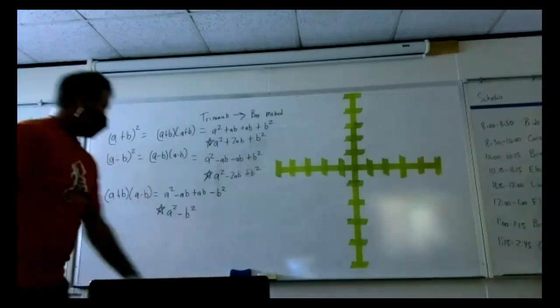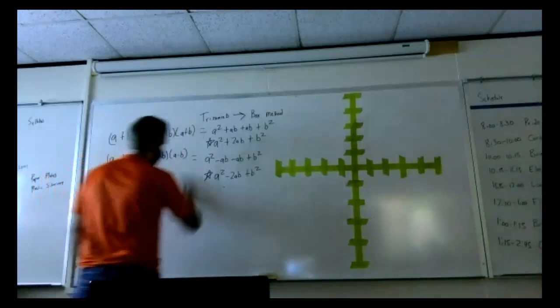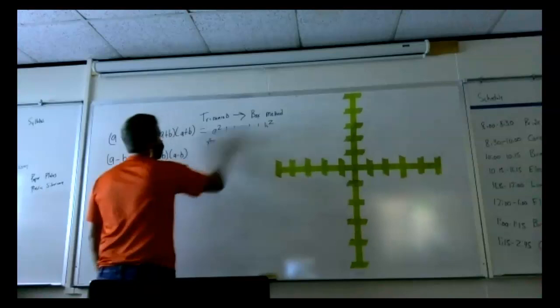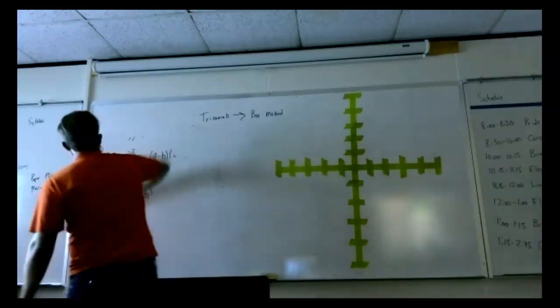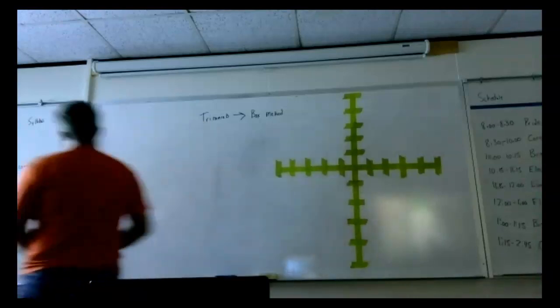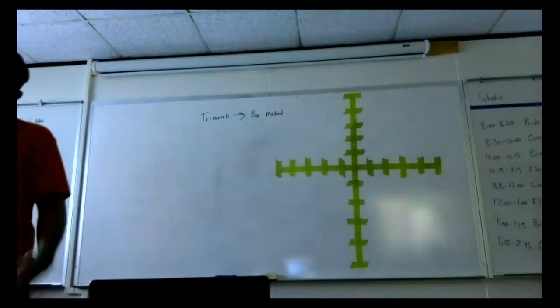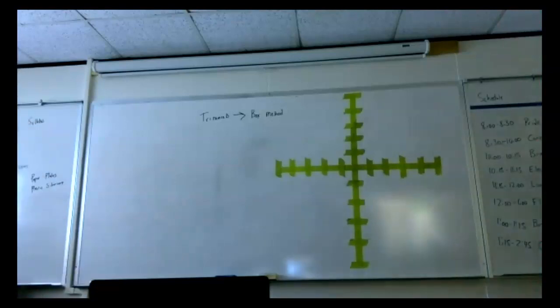The key to using these is knowing what your perfect squares are. Off the top of your head, you should be able to go to at least probably 15 squared would be a good one.